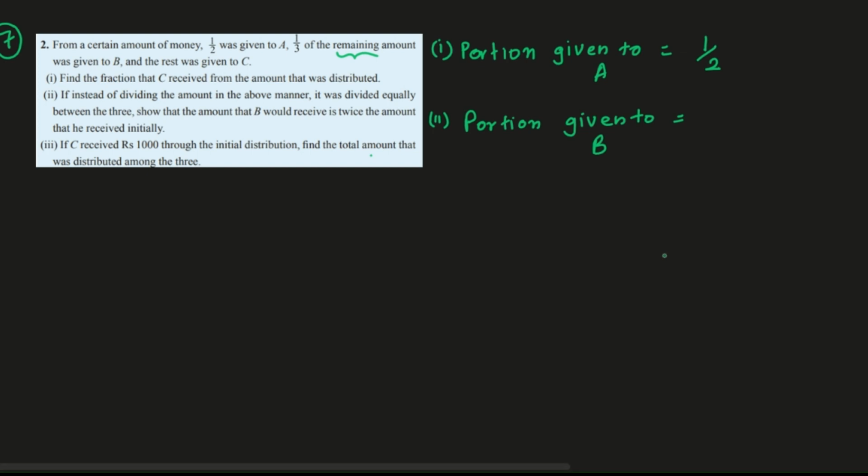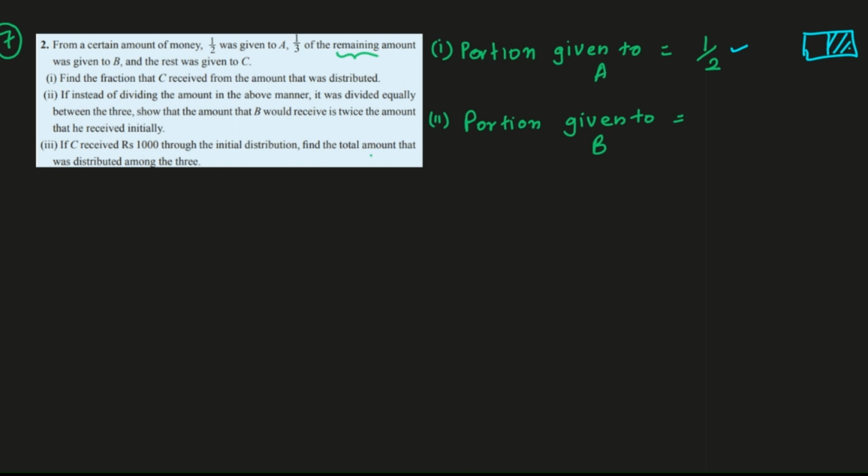Because here, read this question carefully. In fractions, the most important thing is reading your question very carefully. So here it says one third of the remaining amount was given. So once half was given to person A, you know that the remaining will be another half, no? It's quite straightforward.